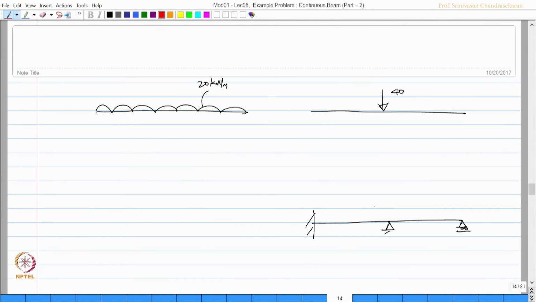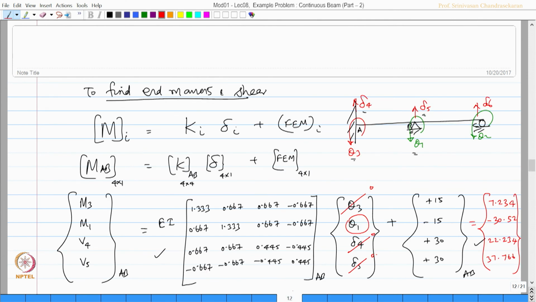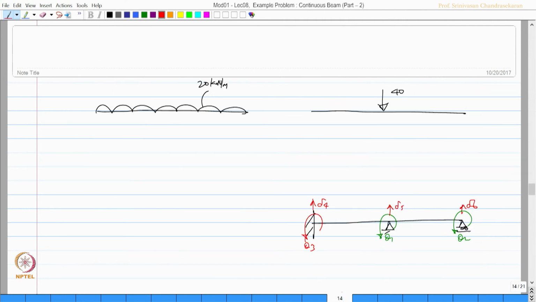This was theta 1, theta 2 and this is theta 3, delta 4, delta 5, delta 6, and this vector, if we look at this vector AB, this is 7.234 and so on. I am just marking them. So, I am copying this vector back again here. So, 7.234, I am marking this vector here.